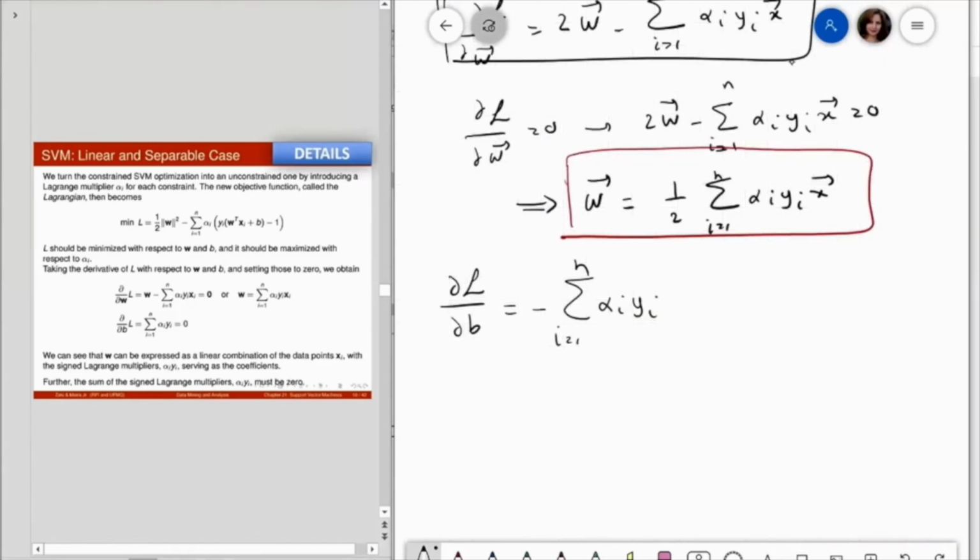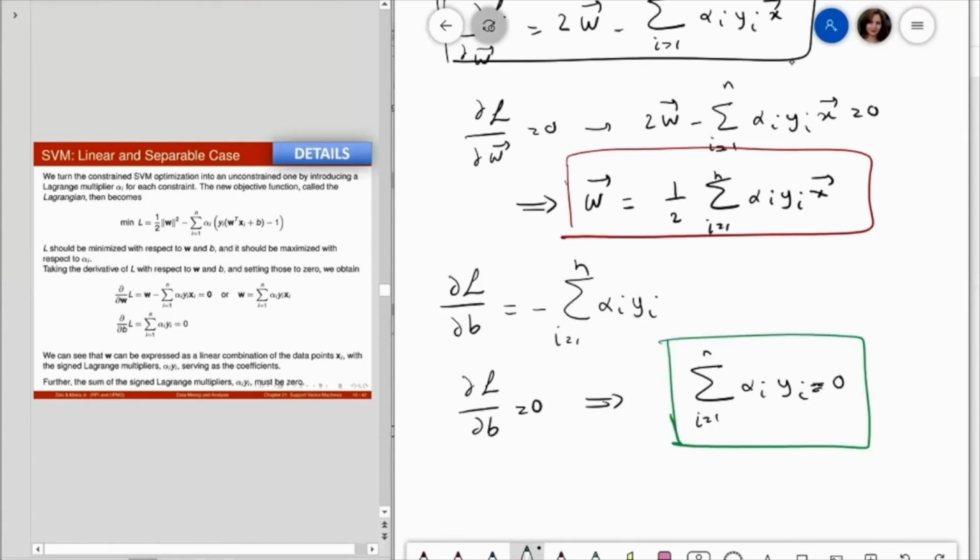If I set this derivative to 0, then I have the sum of i equals 1 to n alpha i yi is equal to 0. This is what I get if I set the derivative of L with respect to b to be equal to 0.